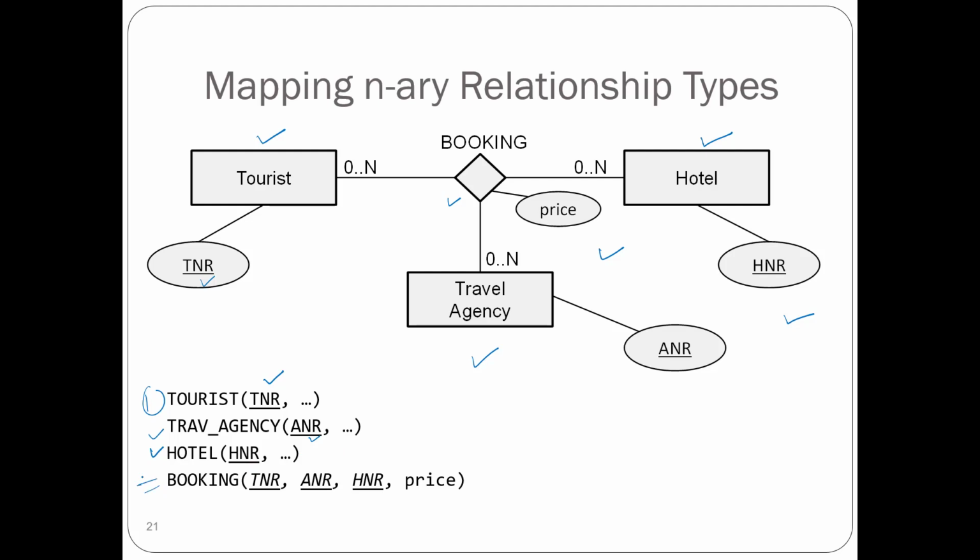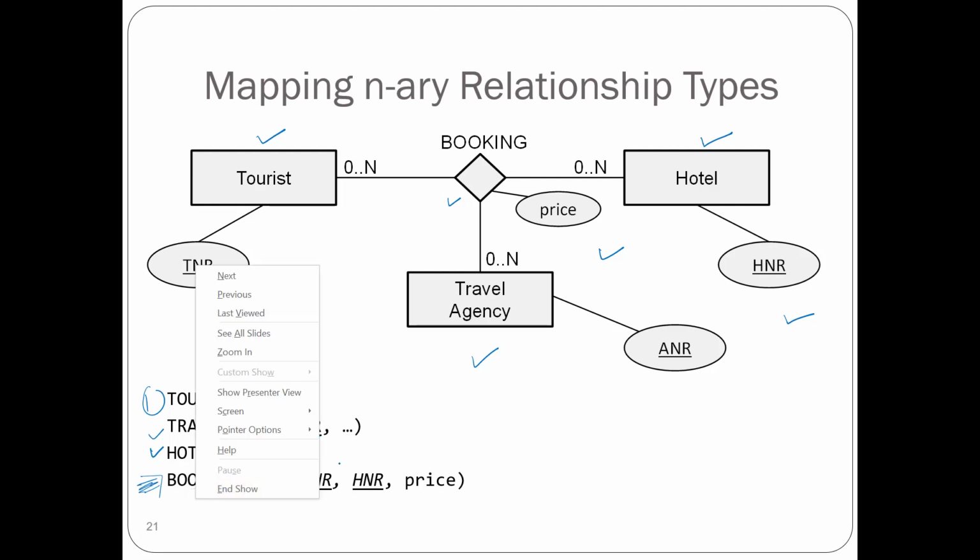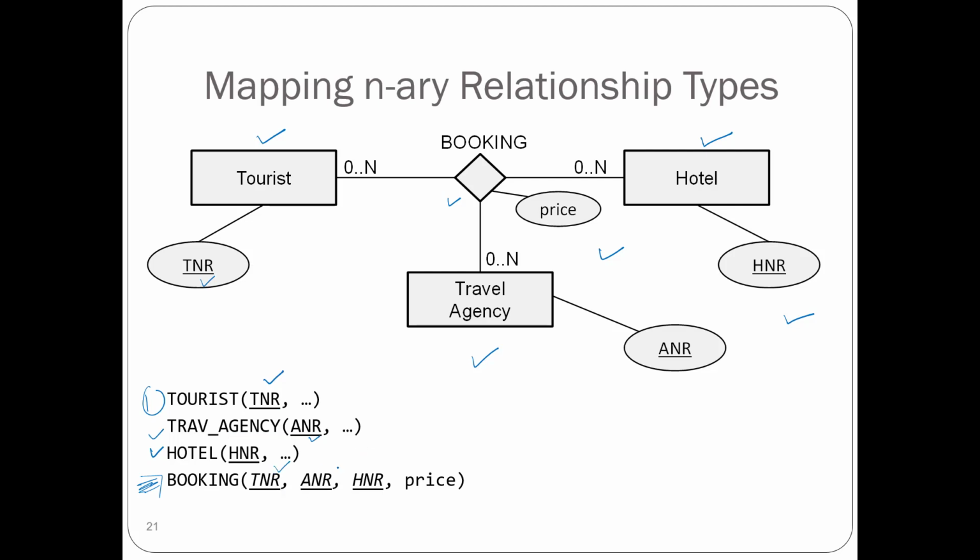And the most important relation here is the booking relation. All right. And in the booking relation, now you will put all these three primary keys as the foreign keys. So there are three foreign keys: FK1, FK2, FK3. And these three foreign keys are coming from the primary keys of the participating entity types, right?